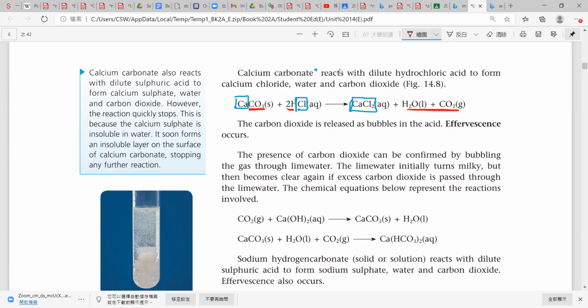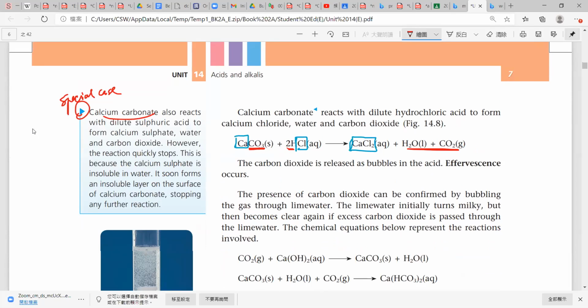Okay, so if you refer to the observation, we will call that effervescence. Effervescence. Now, this is somewhat a very special case. So to tell you something like a coating effect, okay, is that a coating effect? So all of you, please write down coating effect.